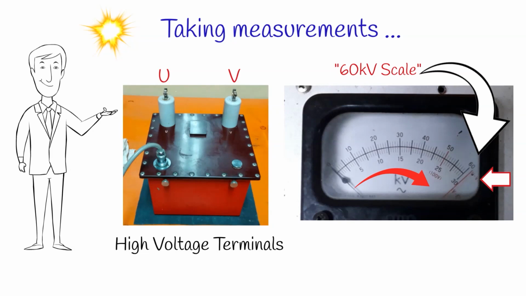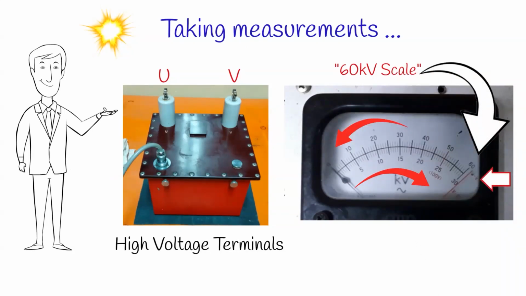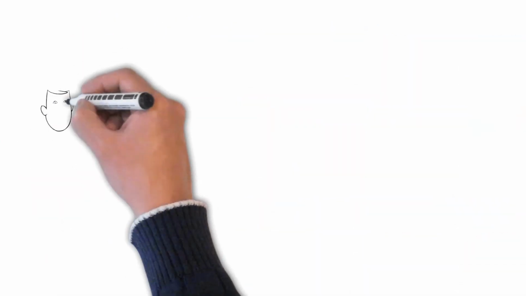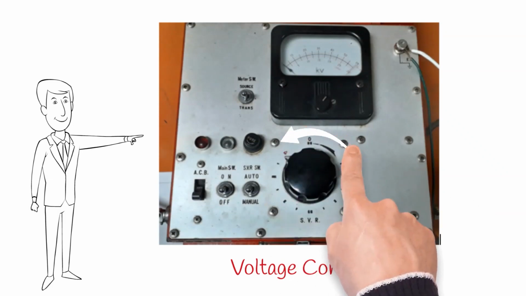At the point of breakdown, the pointer stops and starts returning back to the initial zero position. So, as the breakdown voltage, you need to take the maximum value the pointer reaches on the scale before returning. Also, after taking each reading, please make sure to return the voltage controller to the zero position.